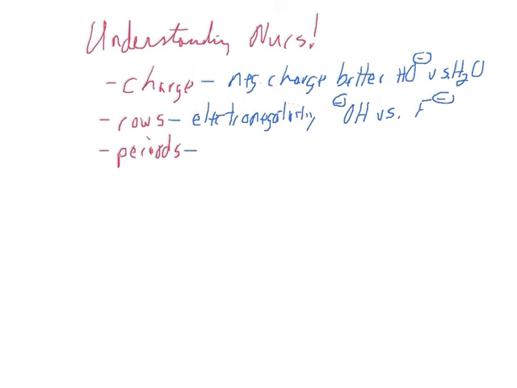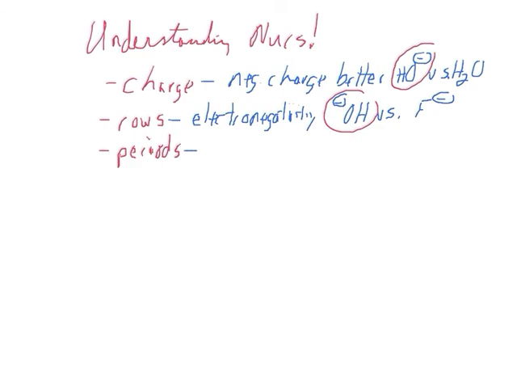Which one's the better nucleophile, OH minus or F minus? Why? Less electronegative, more willing to give up its electrons. That's right. So OH minus, just like it is up here, is a better nucleophile. But that principle across a row is based on electronegativity.